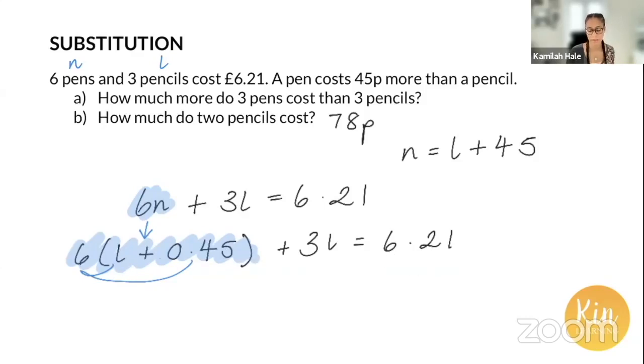So this is the way you can do it if you want to use substitution. If you want to think about the images and just replace it, then you can just write 6L and do 45p times 6 and write it in there. Either way, we end up with 6L plus 2.70 plus 3L equals £6.21, which is what I had here.